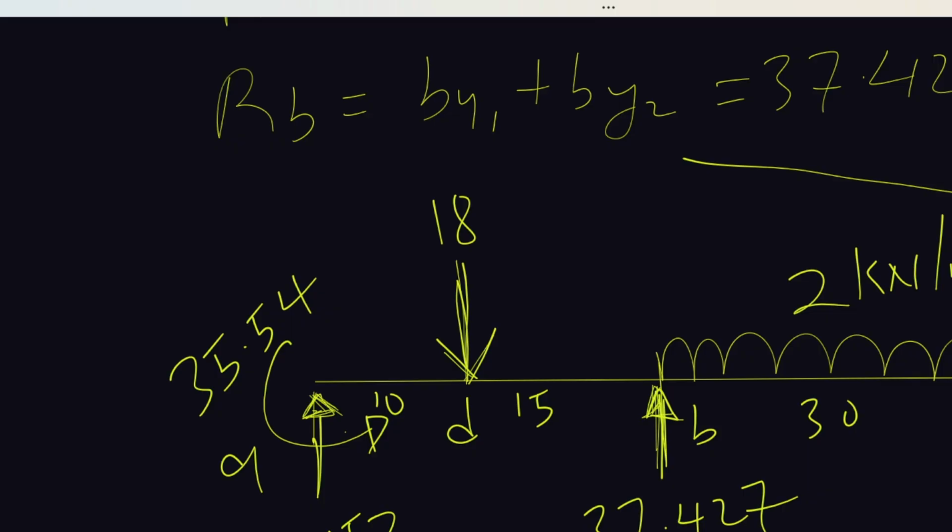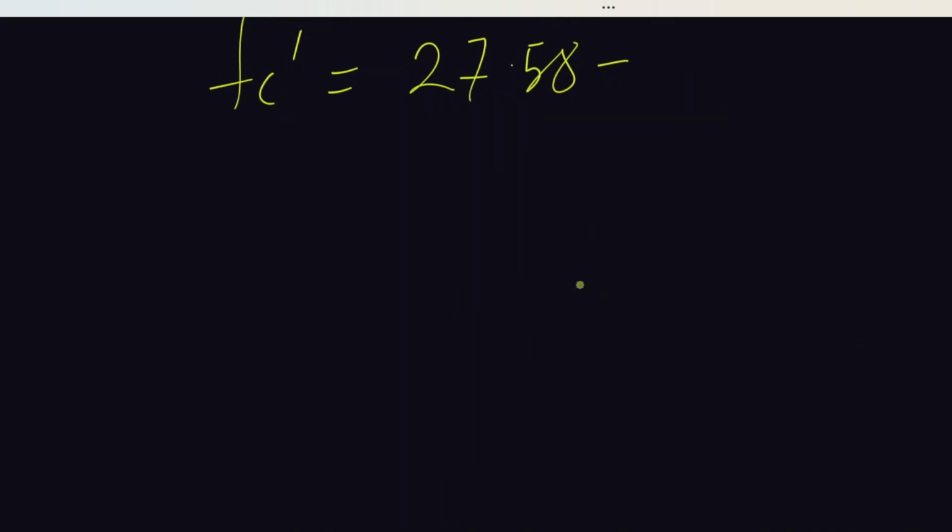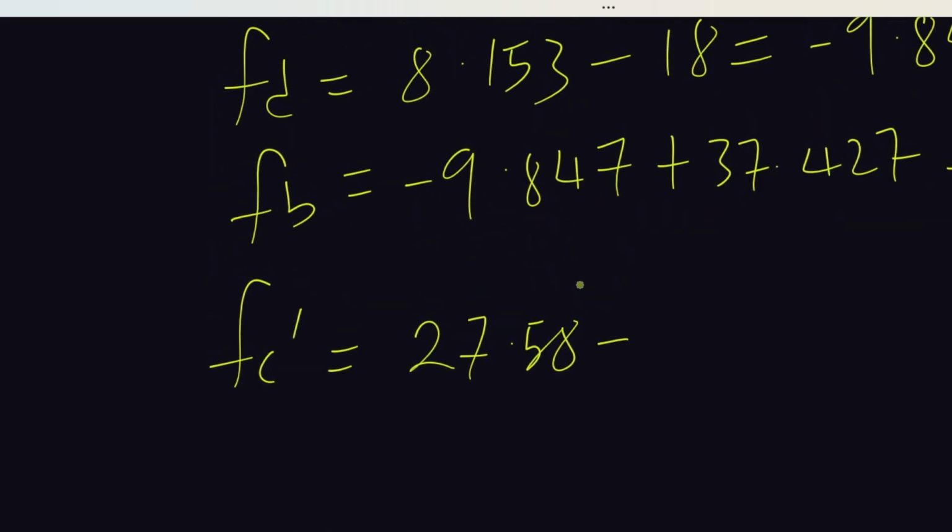So just before 32.42 would have its effect, we'll be having the total effect from this UDL, so that's why we name it FC prime.